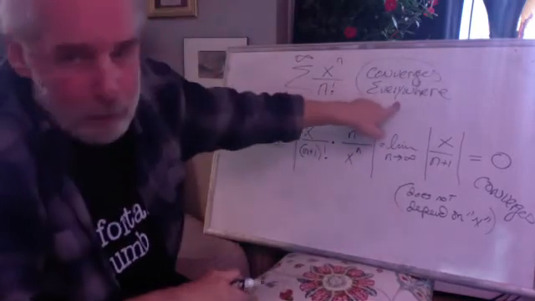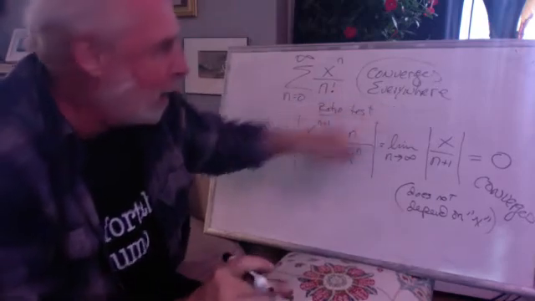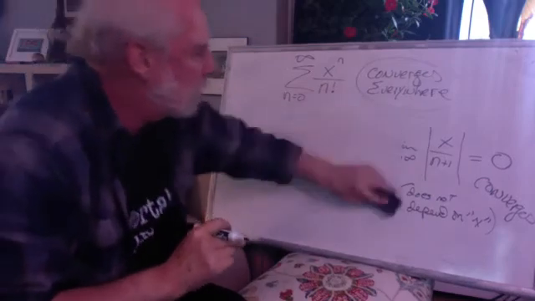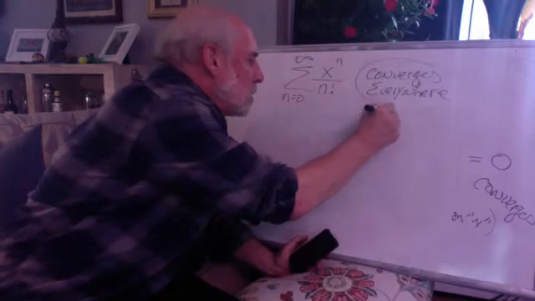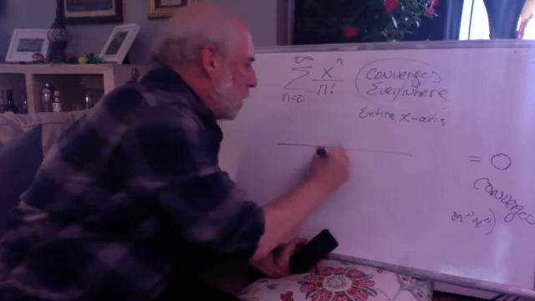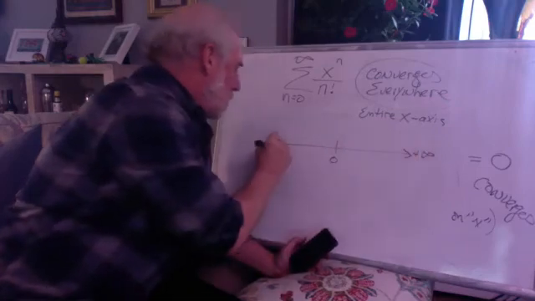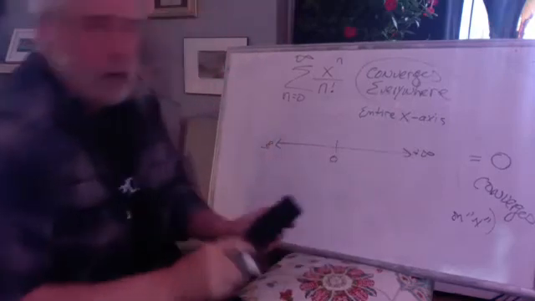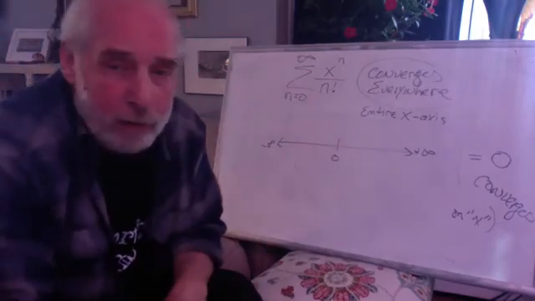And that word everywhere is a mathematical word. It means any value of x, the entire x-axis. So no matter what value of x you put in there, that series converges. That problem's all done.